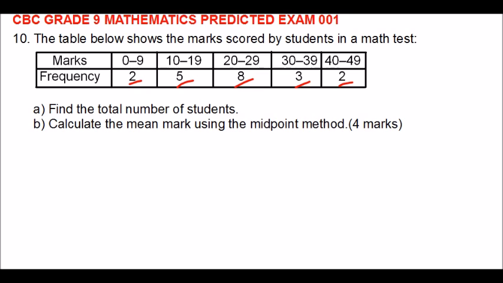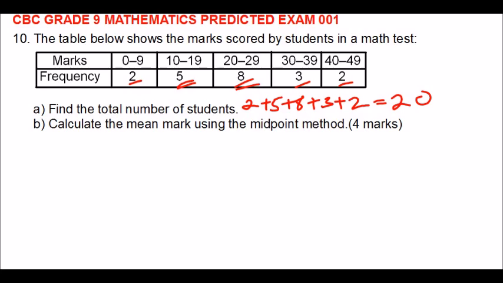So it is 2 plus 5, we get 7, plus 8, 15. So you can show your working like this: 2 plus 5 plus 8 plus 3 plus 2 is equals to 20. So there were 20 students who did that particular exam.